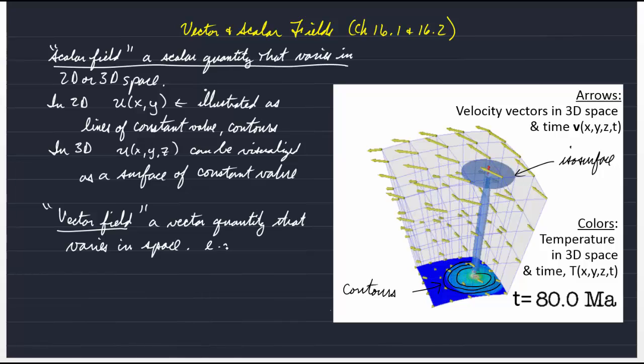So for example, in 3D, a vector v in x, y, and z would be described as each component varying in x, y, and z.